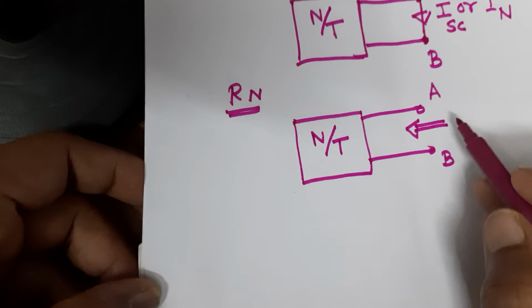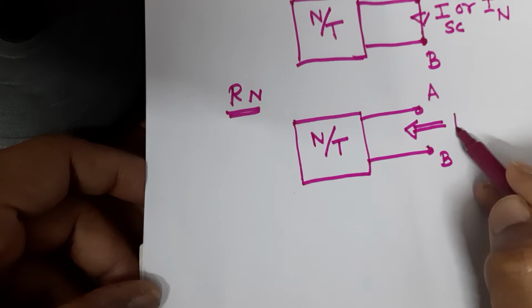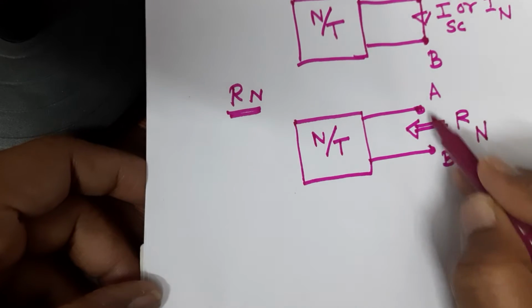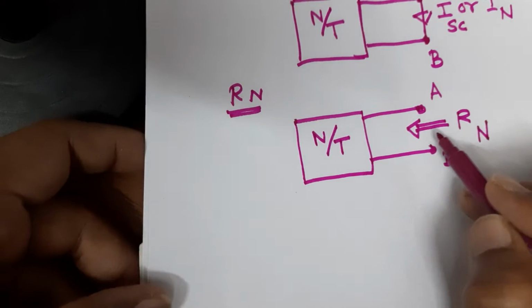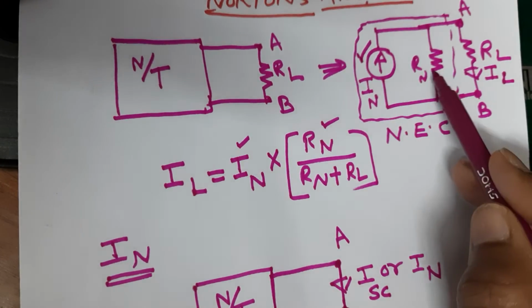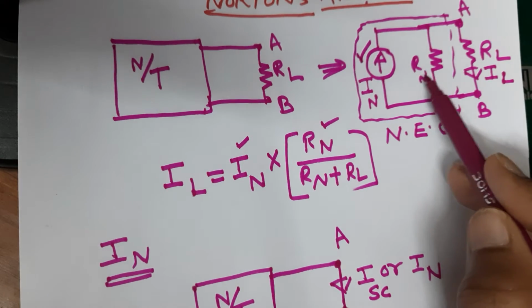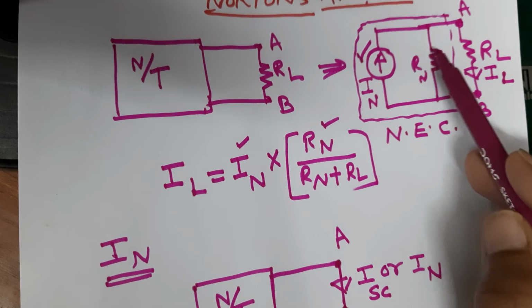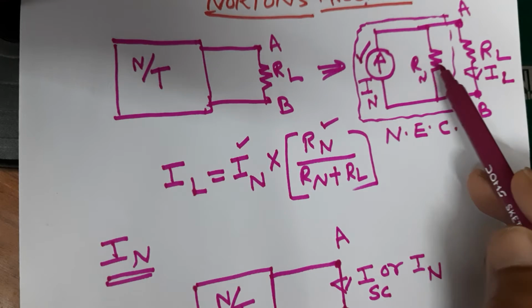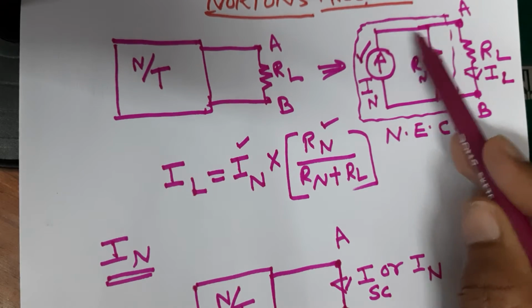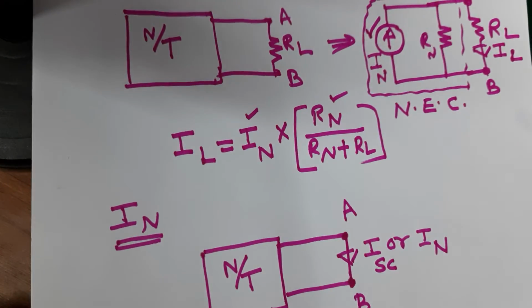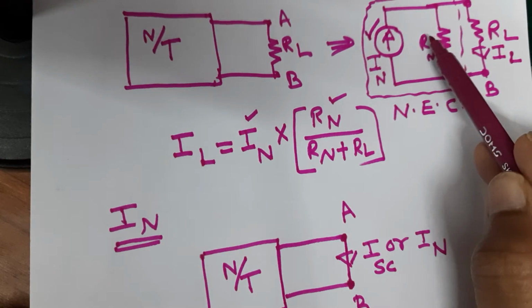Whatever resistance we obtain across these two terminals is said to be the Norton resistance. It is similar to Thevenin's resistance, but the only difference is that after finding the Norton resistance, we connect it across the current source, in parallel, not in series. Whereas in Thevenin's theorem, after finding VTH, we connected the equivalent resistance in series with the voltage source.